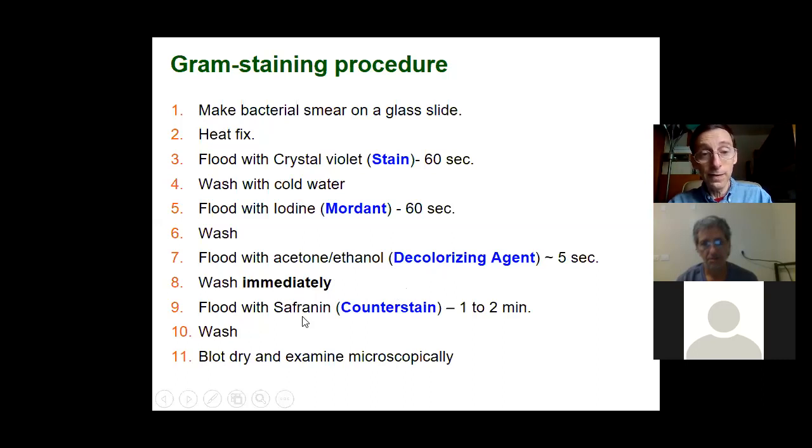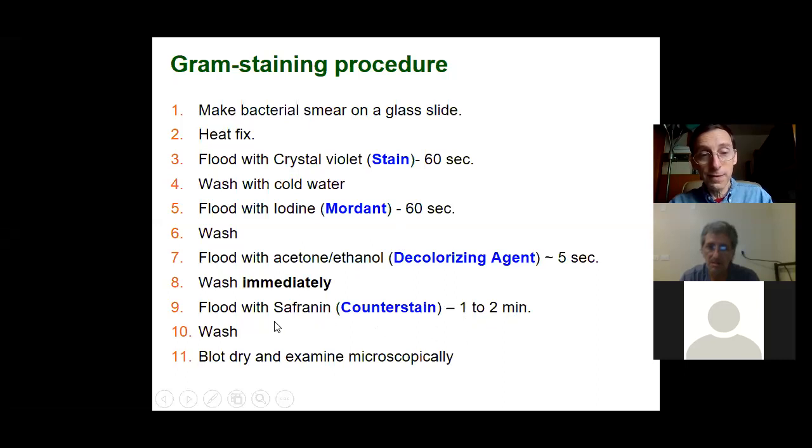You then flood the cells with safranin. This is the counter stain. It's called the counter stain because it's applied after the primary stain, which is the crystal violet. And with safranin, you can just write that we're going to use 1 minute. Some protocols call for 2 minutes.